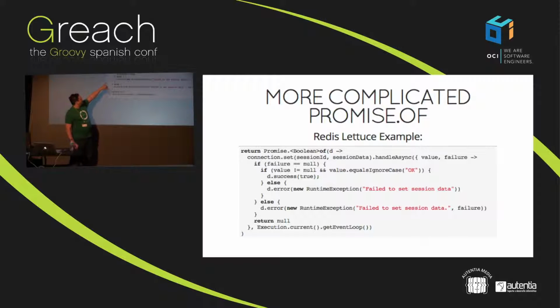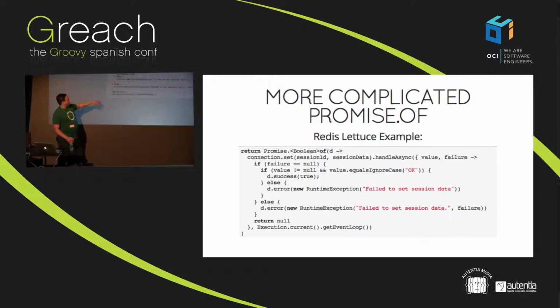And so what you'll see is we do the handler async, and all of this is inside of the Promise.of. So this Promise.of is giving us something that we can call d.success on, and we're just saying, yep, everything worked, true, because this is just going to be a Boolean of whether or not this particular operation, which is a Redis set operation, worked or not. There was no other information we wanted to return.